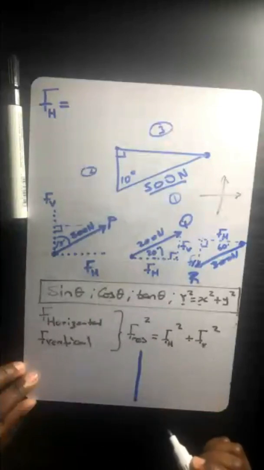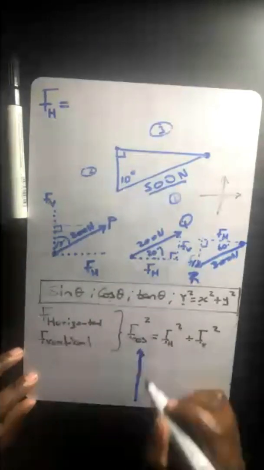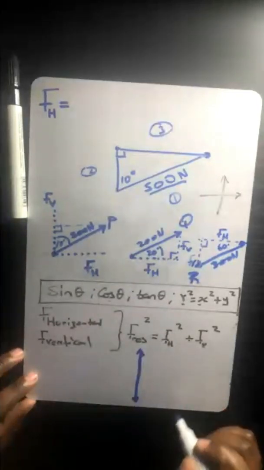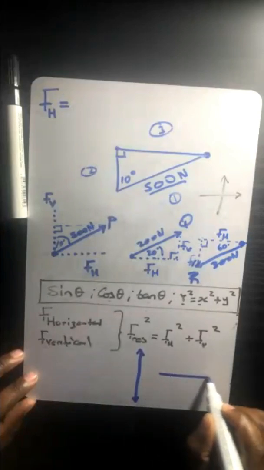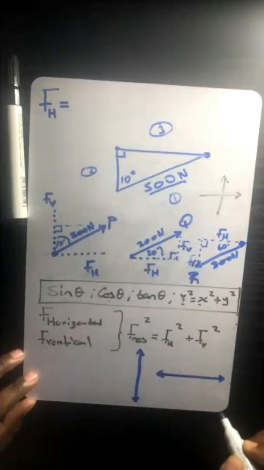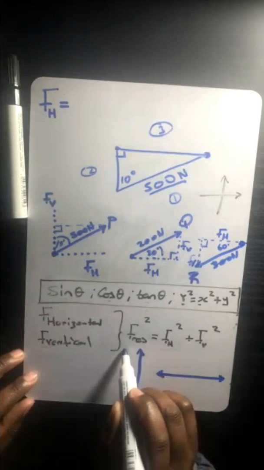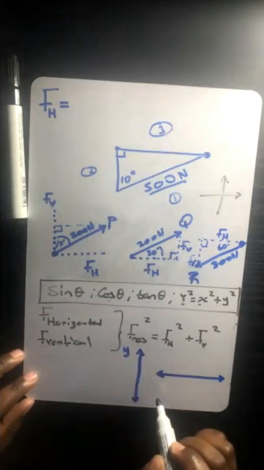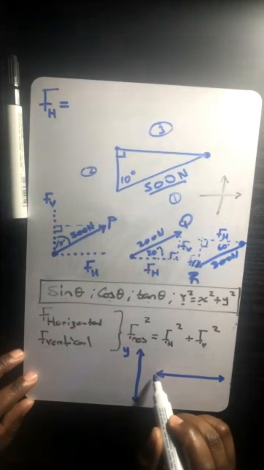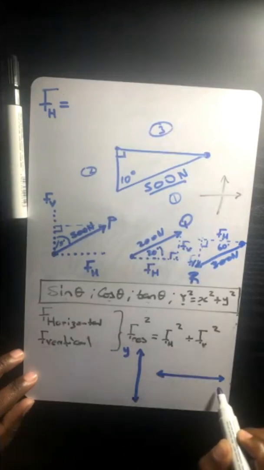So, guys, always, always, always, this is the vertical line, and this is the horizontal line. Remember that the y-axis represents the vertical line, and the x-axis represents the horizontal line.